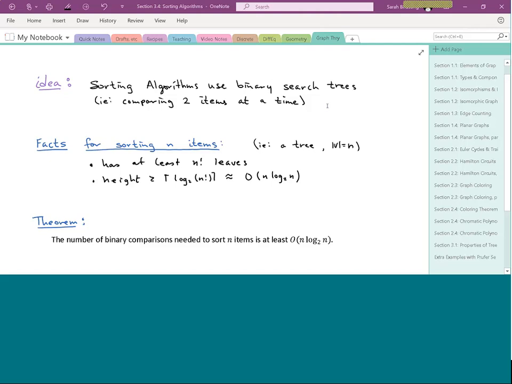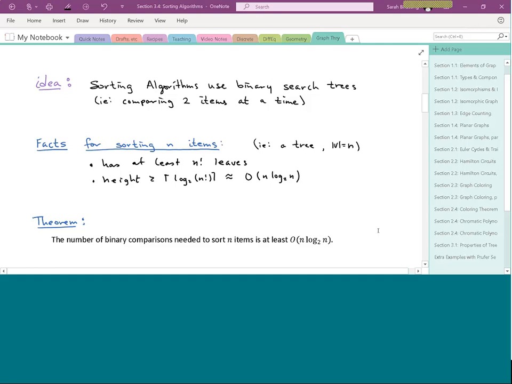That sort of tree has at least n factorial leaves, and what we found was if you're looking at the height of this tree, it is at least as tall as, and this is a formula that we had previously, the ceiling of log base 2 of n factorial, which is, roughly speaking, order n log n. Okay. All of this makes the assumption that the tree that you're dealing with has n vertices.